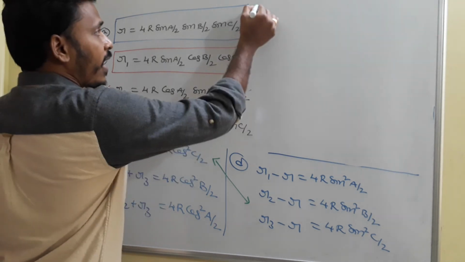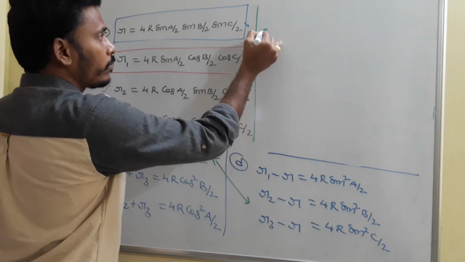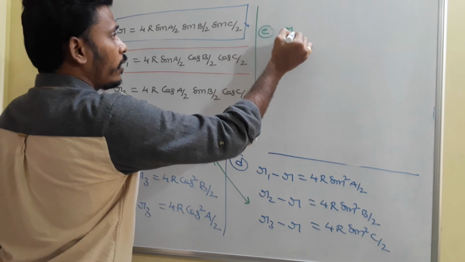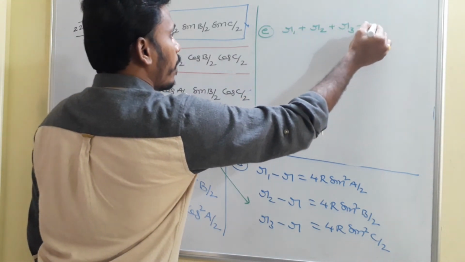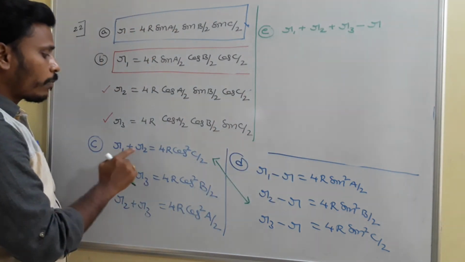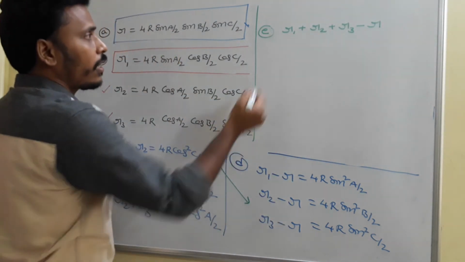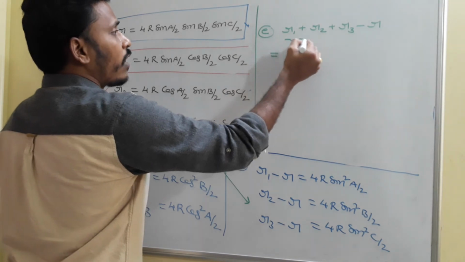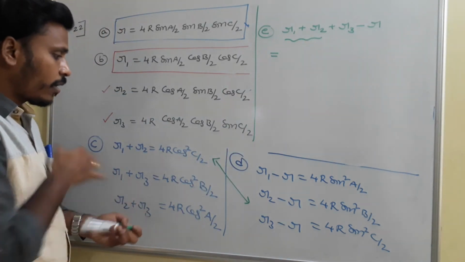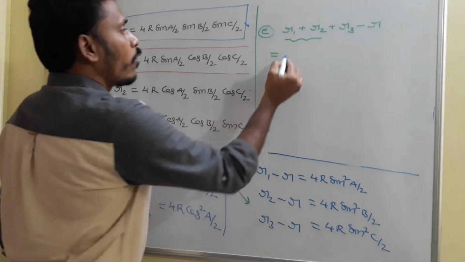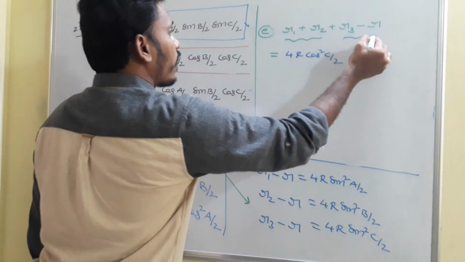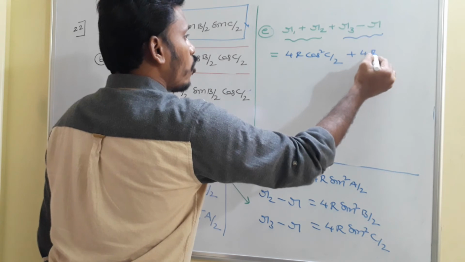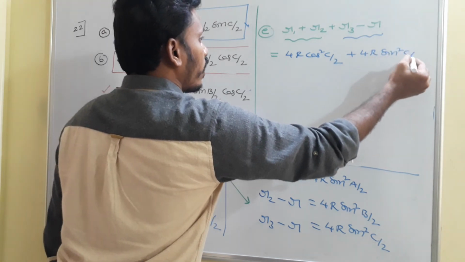So with that idea I am going to give you the next one, E, where r1 plus r2 plus r3 minus r is equal to, this r1 plus r2 is 4r cos square C/2, and this r3 minus r is 4r sin square C/2.